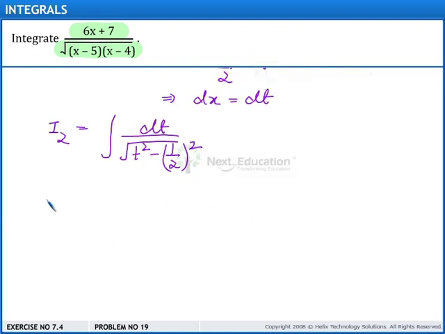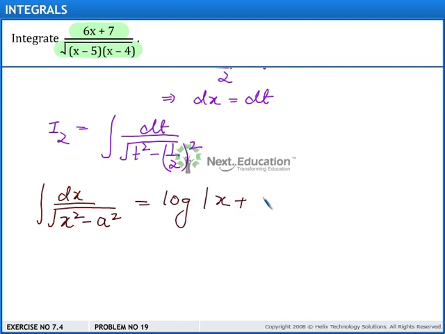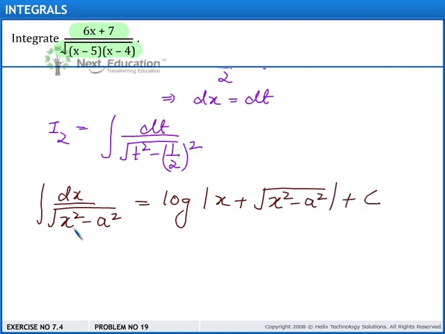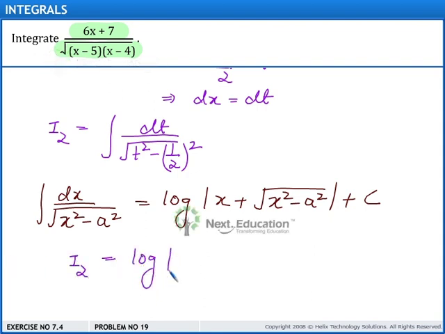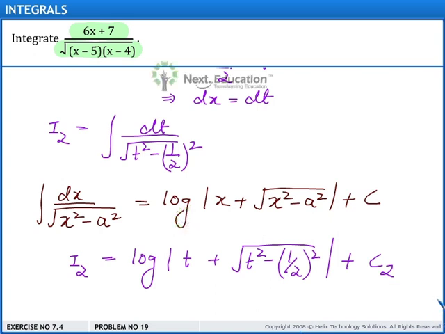Now, we know that the integral of dx divided by the square root of x² − a² is equal to log|x + square root of x² − a²| plus the constant. Therefore, integral I2 can be written as log|t + square root of t² − (1/2)²| plus the constant c2. Now t we have supposed as x − 9/2.